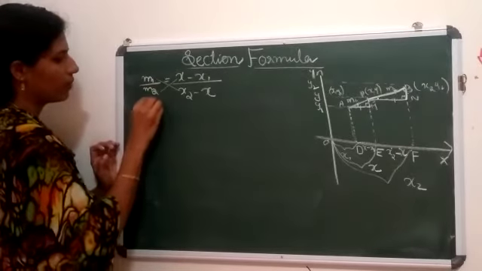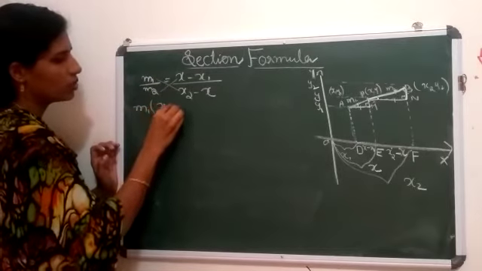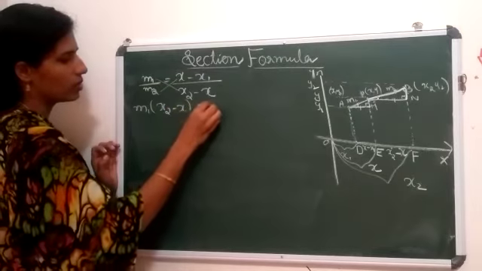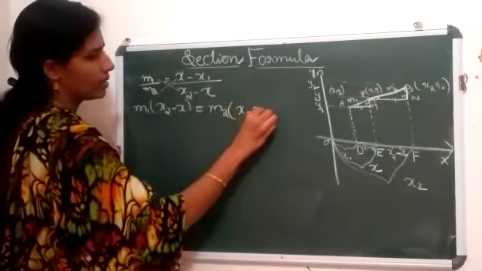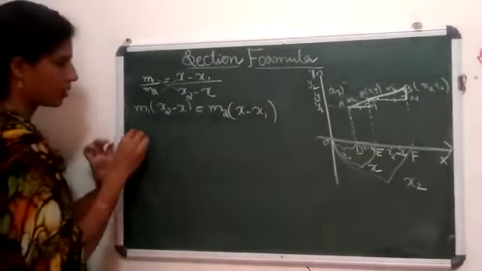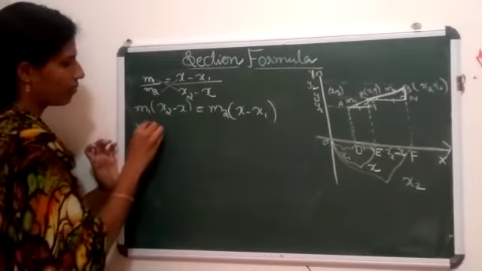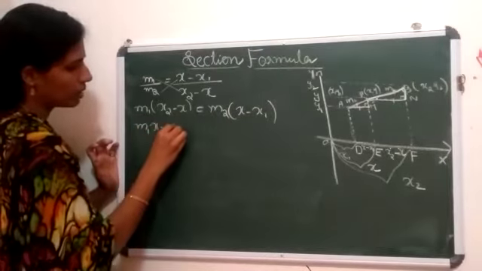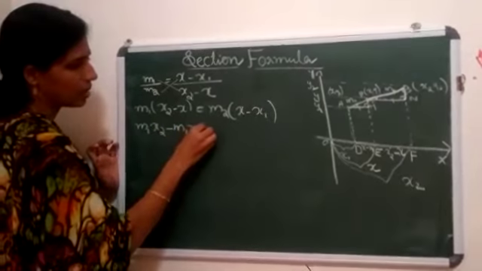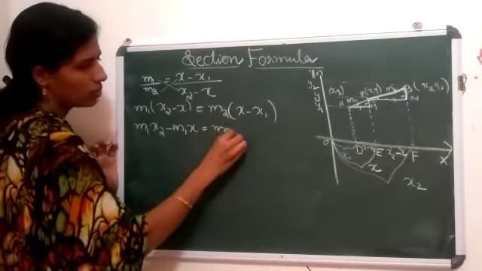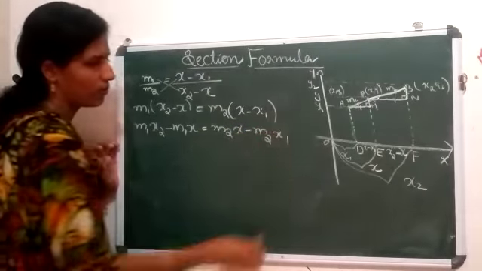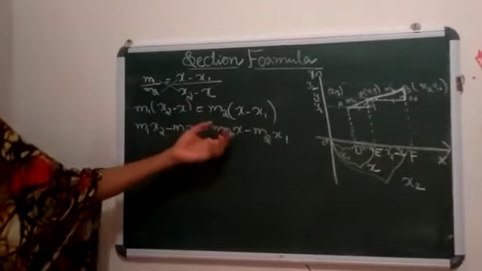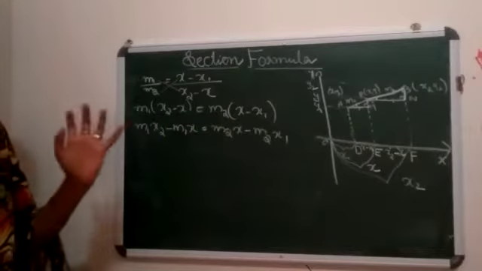We will get m1 into x2 minus x is equal to m2 into x minus x1. Okay, now expand the bracket. m1 x2 minus m1 x equal to m2 x minus m2 x1. Now here we have the same x coordinate, so group it together.